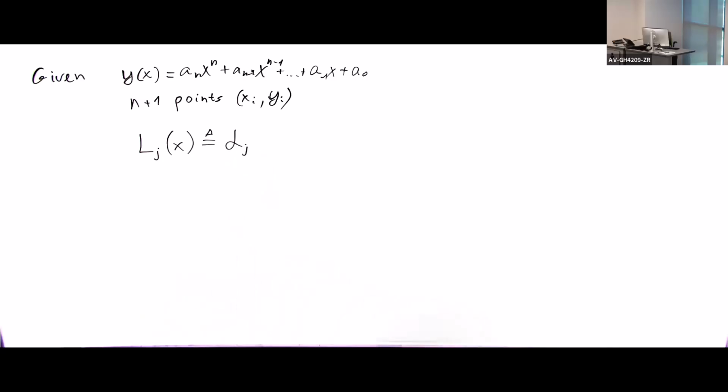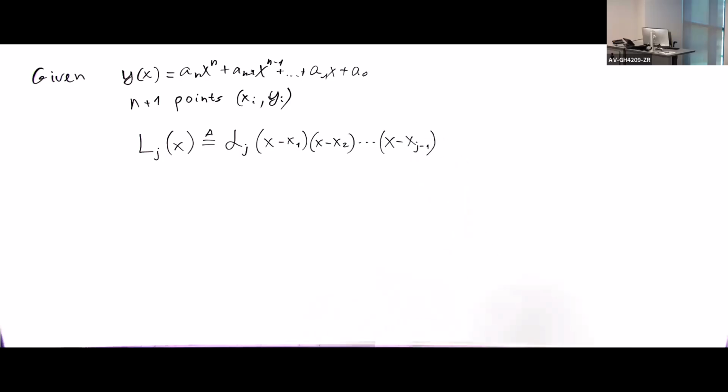We don't know it yet, some constant, times (x minus x1), (x minus x2), and so on until you get to j minus 1.